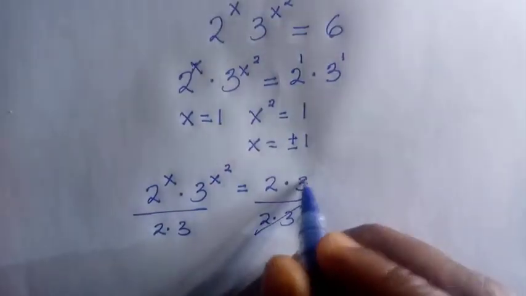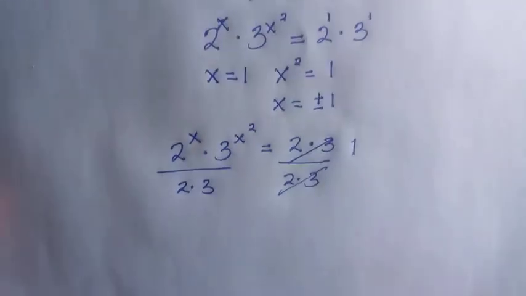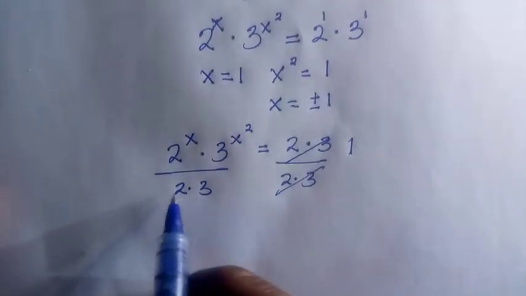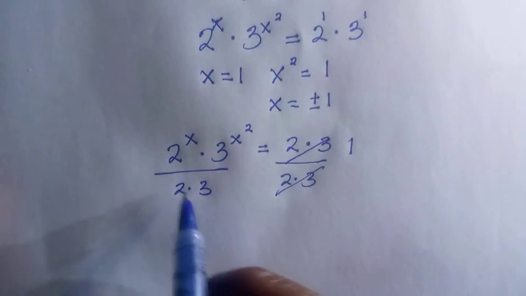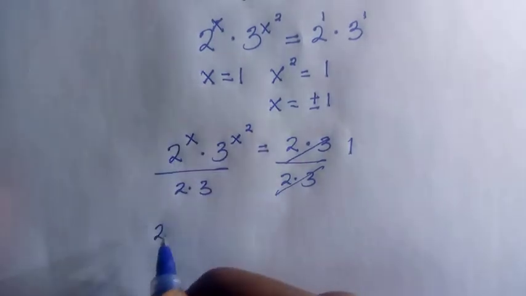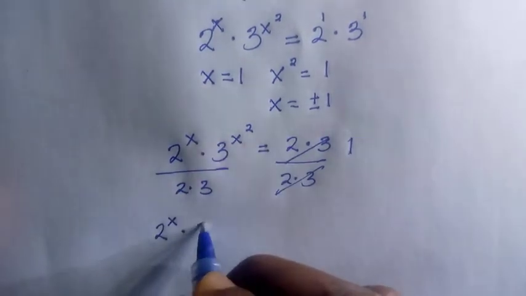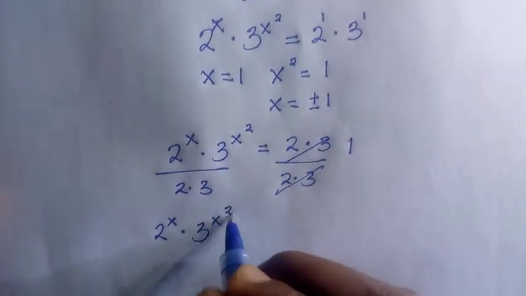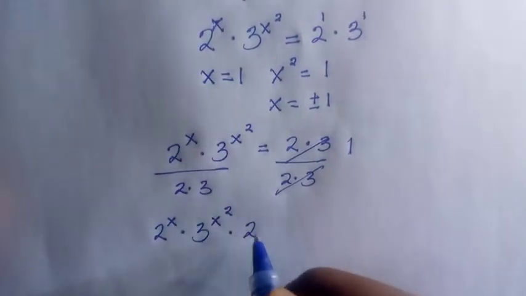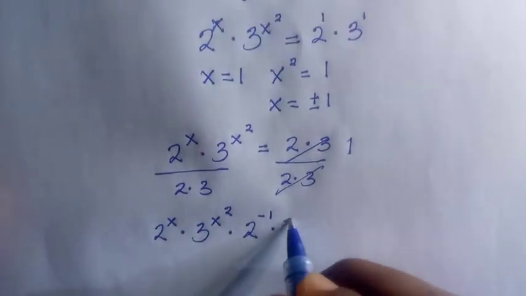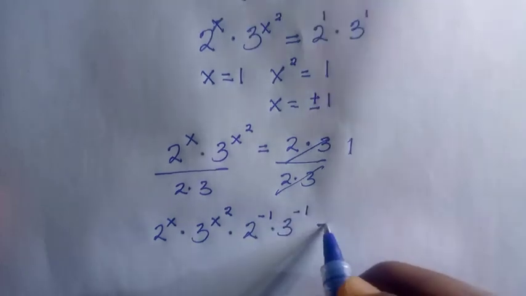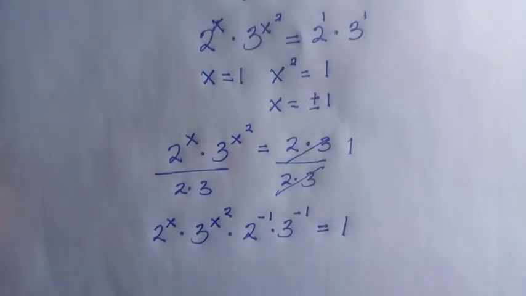Here this cancels and it remains 1. Since it is division, we can change the form to 2 to the power of x multiplied by 3 to the power of x squared multiplied by 2 to the power of minus 1 multiplied by 3 to the power of minus 1 equals 1.